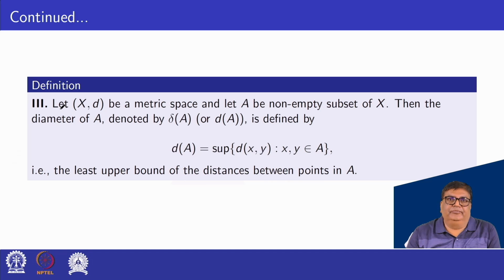The diameter. Let (X,d) be a metric space and A a non-empty subset of X, then the diameter of A is denoted by delta(A) or d(A).